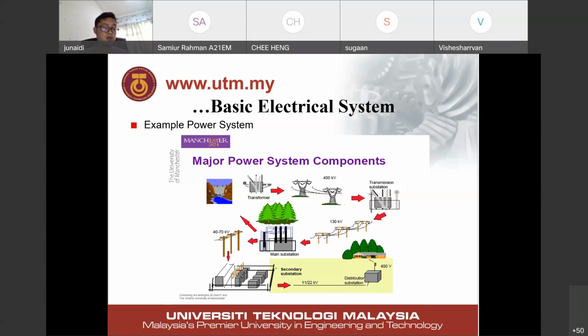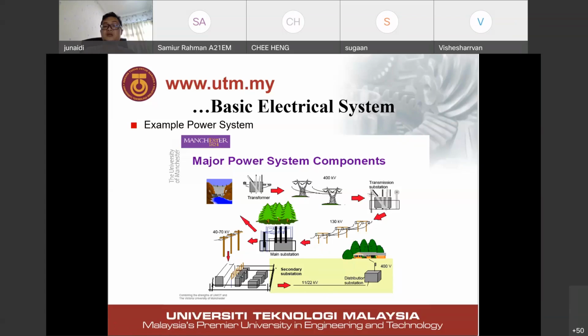Energy cannot be created nor destroyed, right? So what we do basically, when you increase the voltage, you actually need to reduce the current. Why? Because the power must remain fixed. When you increase the voltage, we know that this consists of lots of conductors, and the conductor has some resistive element.